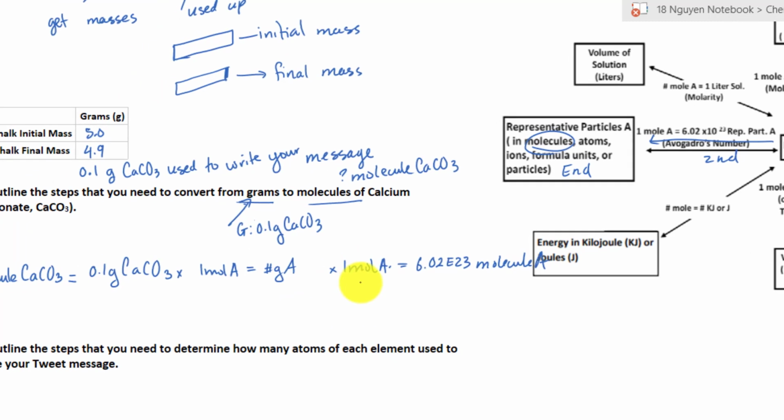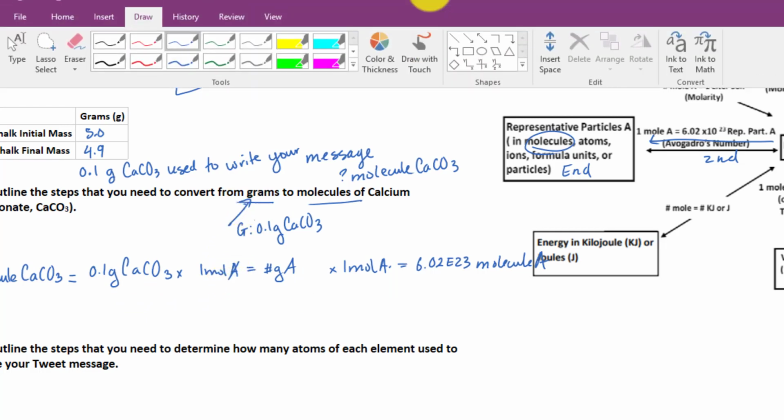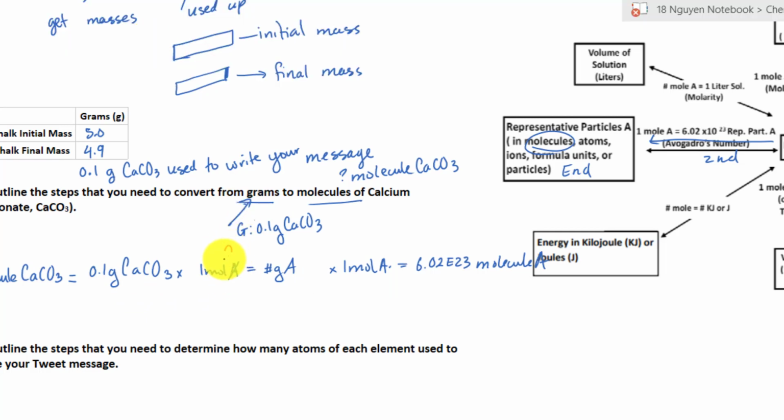A is your chemical, which is calcium carbonate. So I'm going to substitute that in. All the letter A is calcium carbonate.